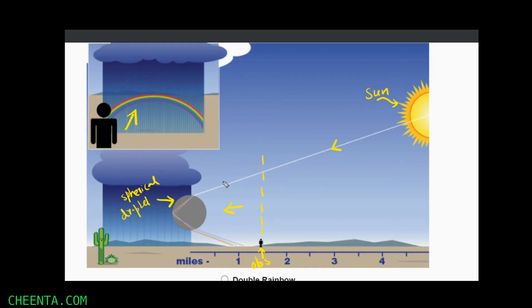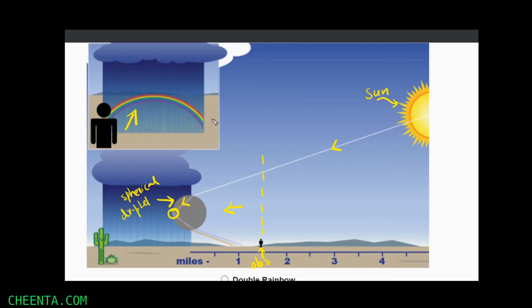Now as you can see, the ray has come and goes inside the droplet, and there it has reflected a single time inside the droplet. The rainbows which are created due to a single reflection inside the droplet are called primary rainbows. So I suppose it is clear, this rainbow is called the primary rainbow because there is a single reflection of the ray inside the spherical droplet.